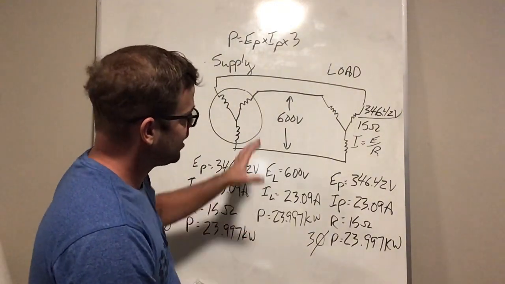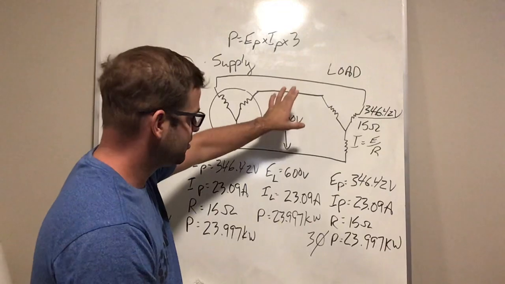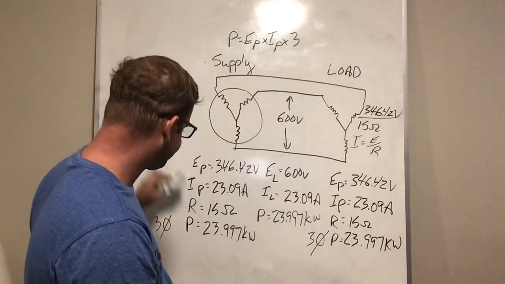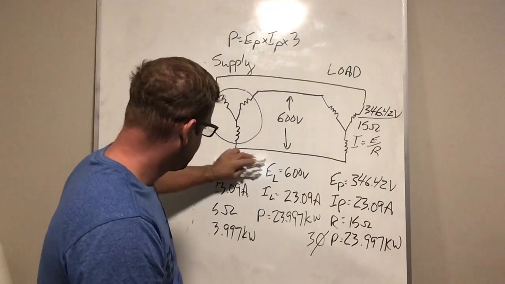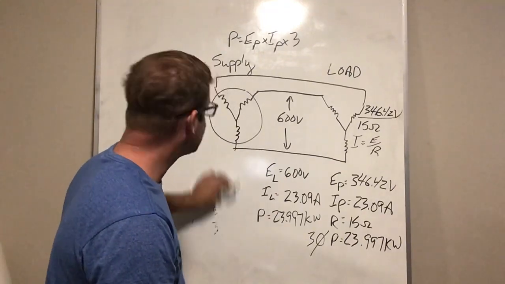I'm just going to calculate three-phase power using line values, just so you can see it is the same. I'm just going to clean all this up a little bit.